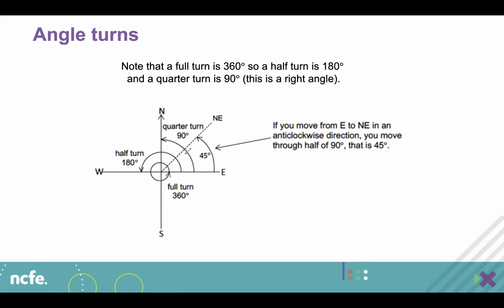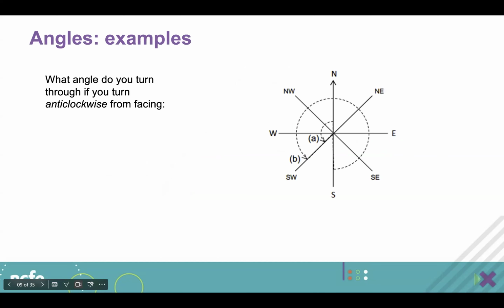So east to northeast is here. That's half of 90 degrees, which is 45 degrees. So what angle do you turn through if you turn anti-clockwise from facing north to southwest?